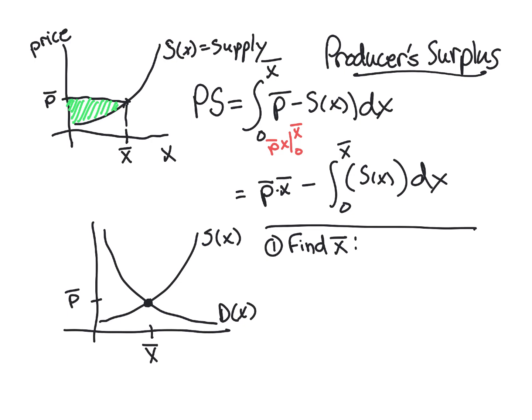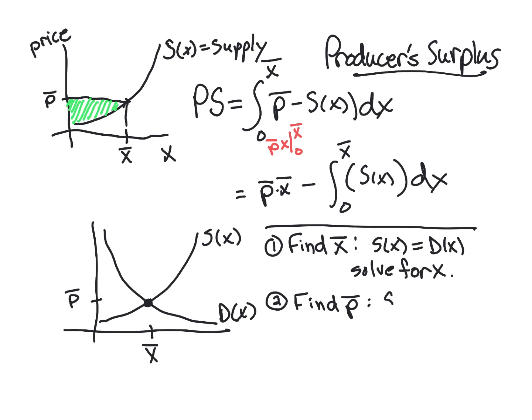How do you do that? The supply curve equals the demand curve. Solve for X. Then you're going to take X bar and plug it into either one, and get P bar.